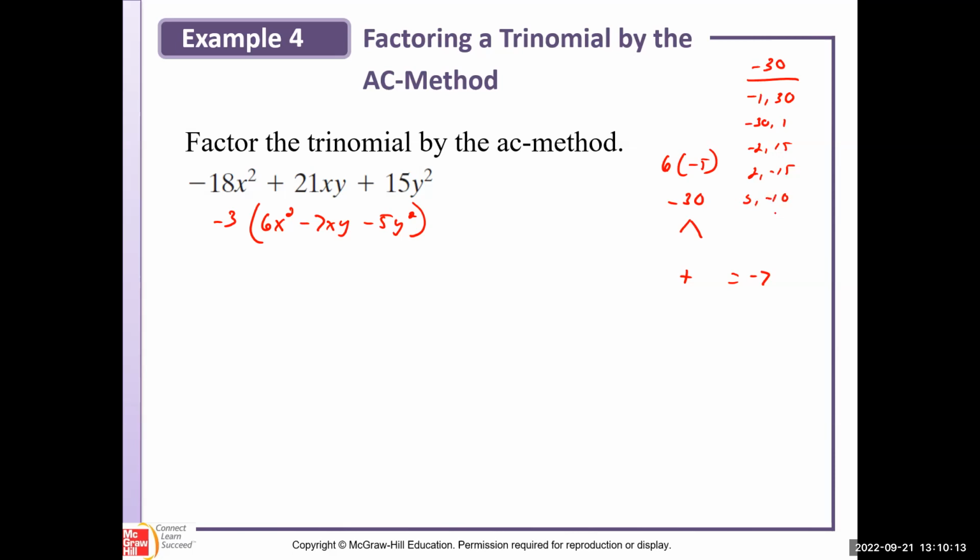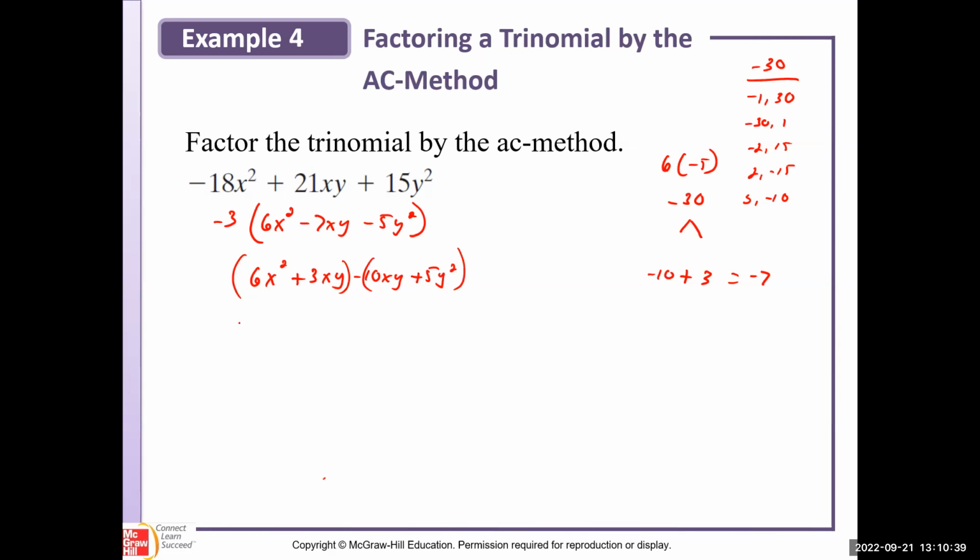So 3 times negative 10 is negative 30, and 3 plus negative 10 is negative 7. And so this one's going to be 6x squared plus 3xy minus 10xy minus 5y squared. I'm going to put it in parentheses, and I'm going to change my sign there.